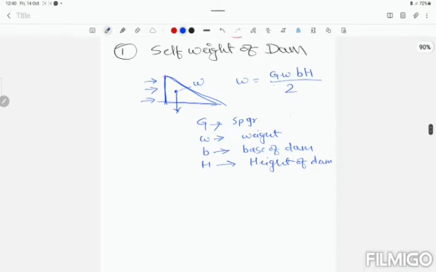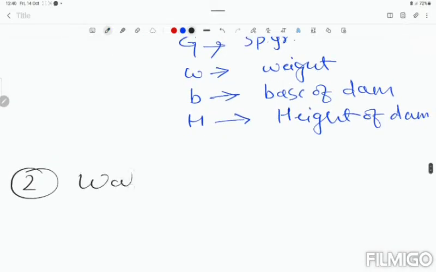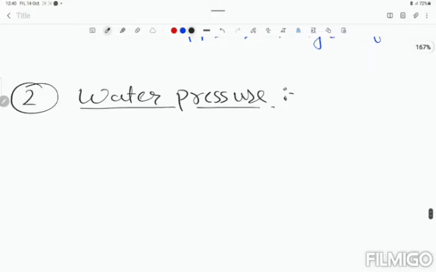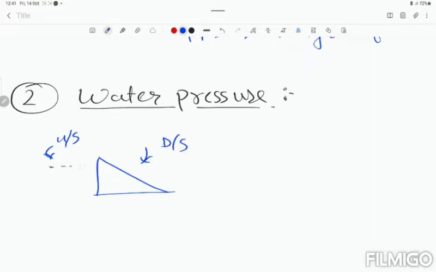Another pressure we will see in this lecture, the second, is the water pressure. Suppose this is a dam. This is the upstream side, and this is the downstream side. Some amount of water is stored here up to a certain level.